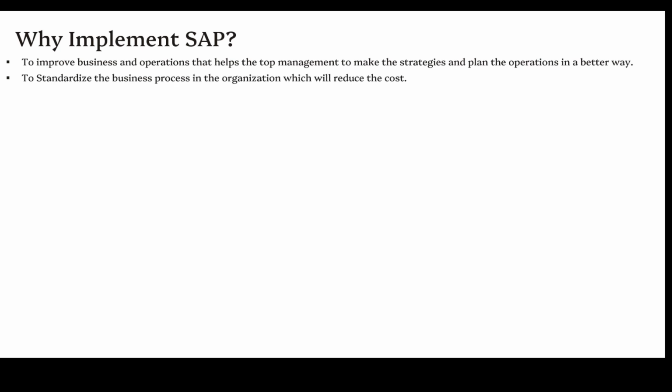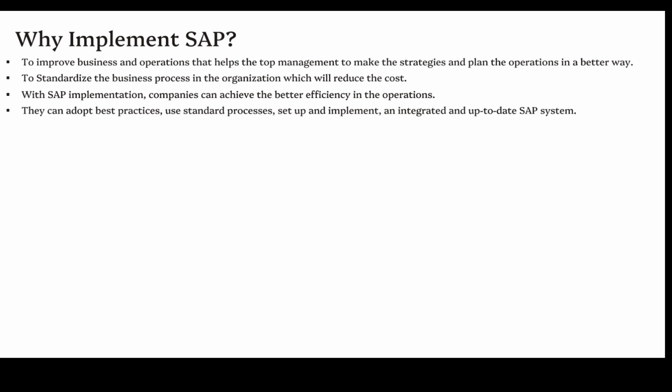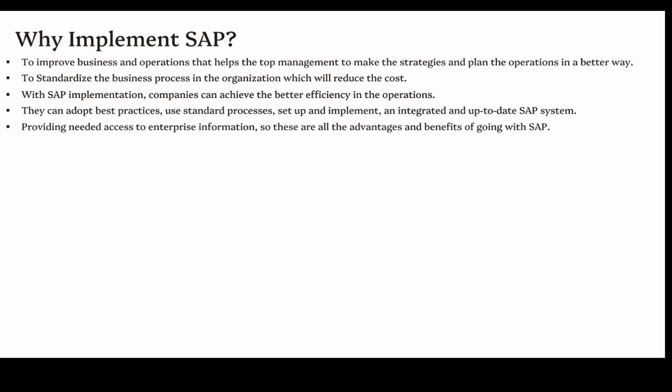Standardize the business processes in the organization, which will reduce the cost. With SAP implementation, companies can achieve better efficiency in the operations. They can adopt best practices, use standard processes, and set up and implement an integrated and up-to-date SAP system, providing needed access to enterprise information. So these are all the advantages and benefits of going with SAP.